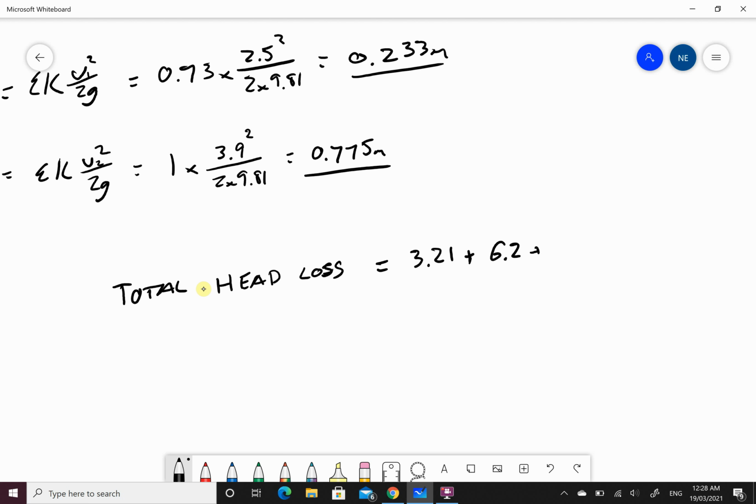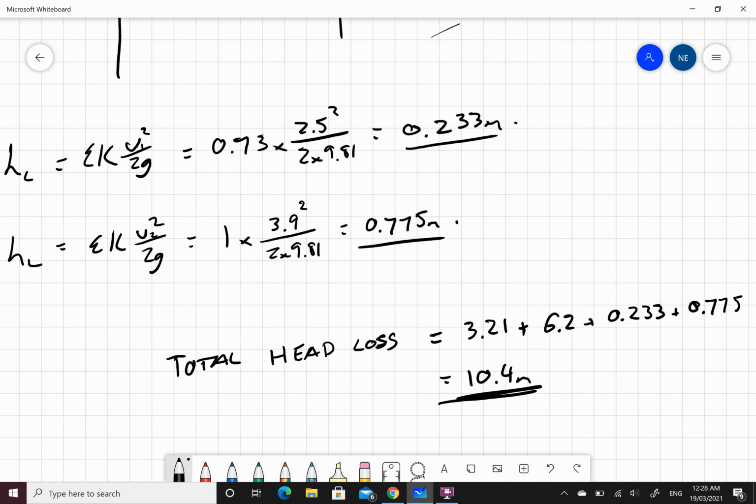My loss due to my fittings in pipe 1. And my loss due to fittings in pipe 2. So there's my total head loss here.